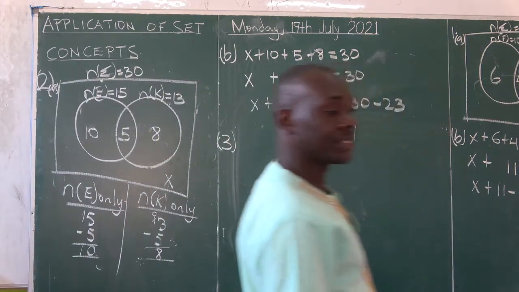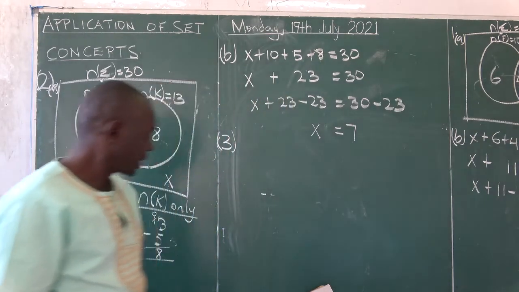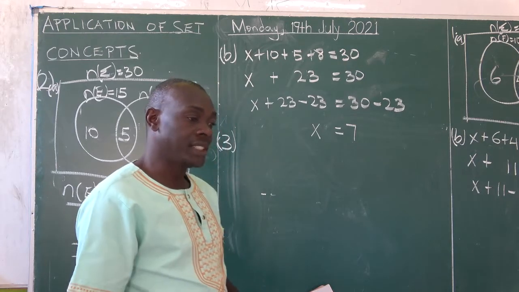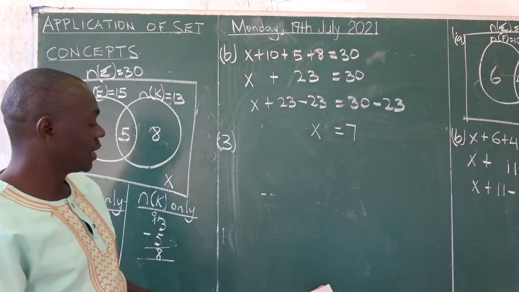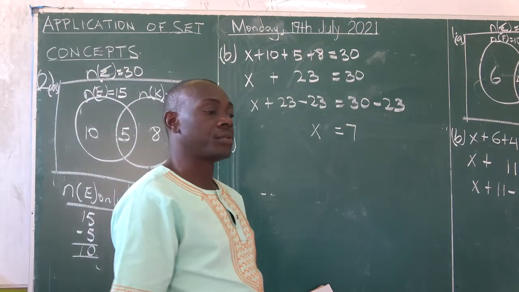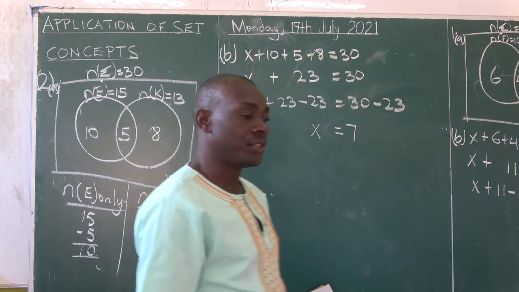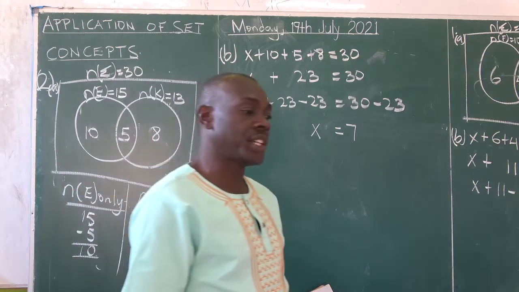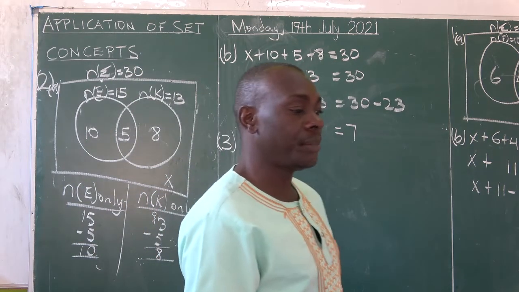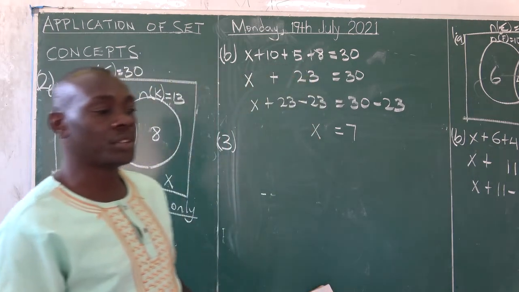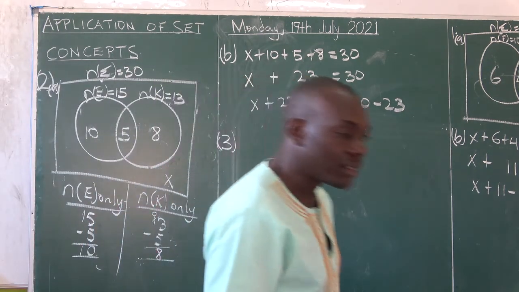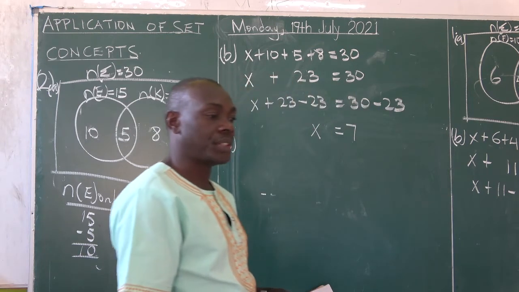Display number 3. In number 3, you are taught to represent the information on the Venn diagram, as well as finding the unknown involved there. It reads: in a class of 48, 20 eat fish F, 30 eat meat M, X eat both, and 2 do not eat either of the two.